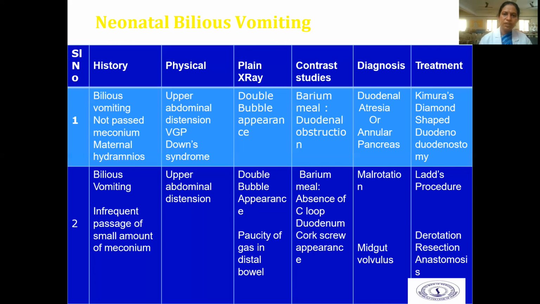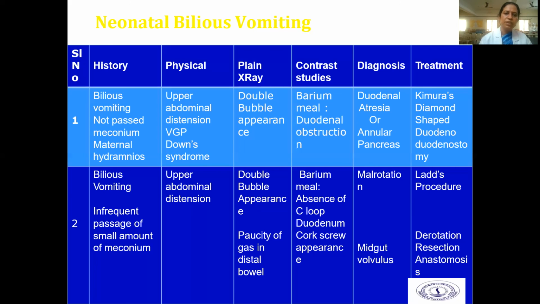When the barium meal study shows duodenal obstruction, we have to anticipate duodenal atresia or annular pancreas, confirm it, and go ahead with Kimura's diamond-shaped duodenostomy.